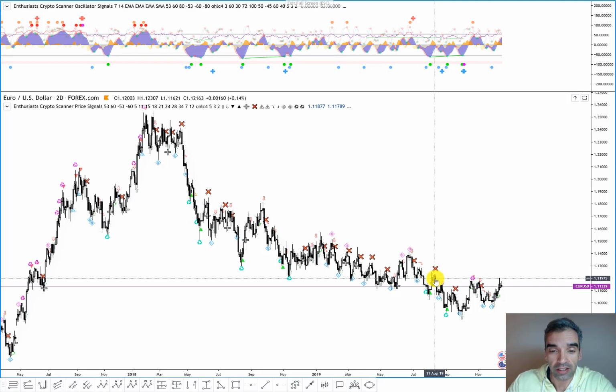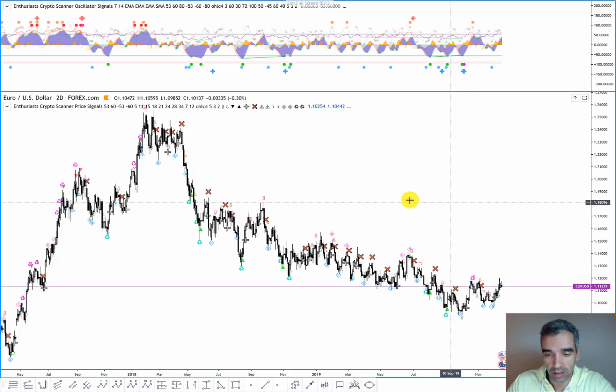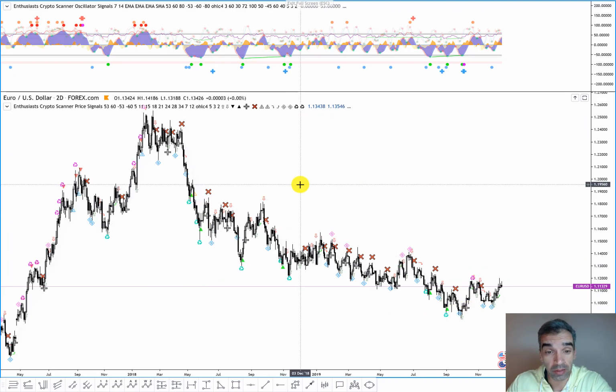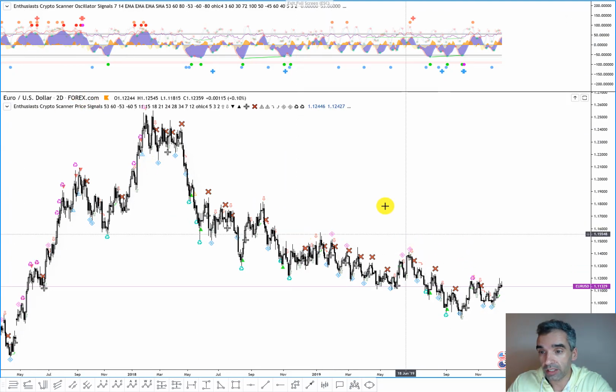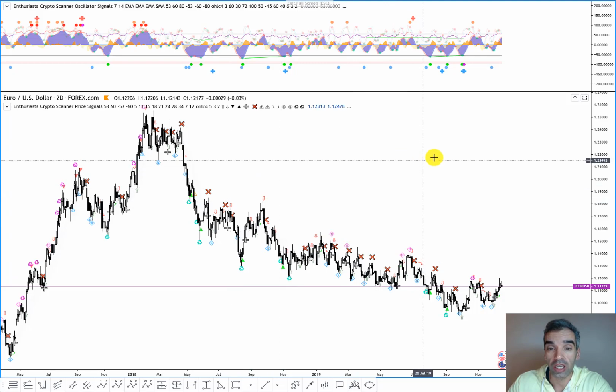It was the designation we came to for this indicator, but to mention that this can be used in any kind of market. I'm here showing you guys a forex chart, euro to the dollar on forex.com. I can use this one on crypto, wherever the exchange.